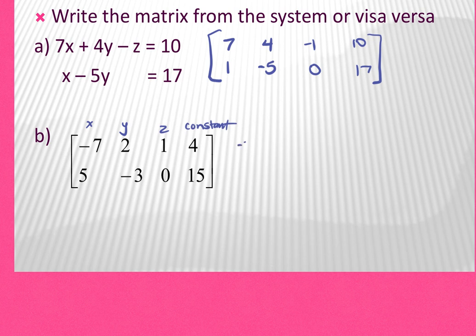So I get negative 7x plus 2y plus z equals 4. And I get 5x minus 3y, you can put plus 0z, but you also don't need it if you want to skip it, equals 15. So I would take both those answers, with the 0z or without.